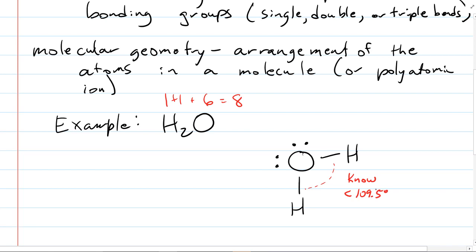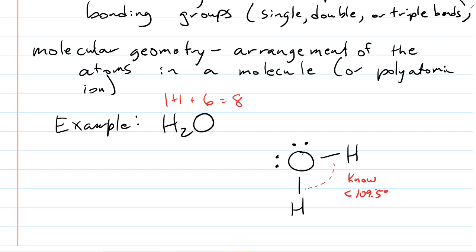If you want to know what it is in water, I'm telling you it's 105 degrees. You do not need to know the 105, but again, you should know that it's less than 109.5, and you should know the reason why. And again, the reason why, which pairs of electrons are held more closely to the central atom? Lone pairs. Because they're held more closely to the central atom, what does that do to repulsions?